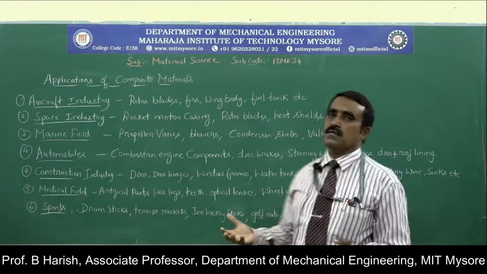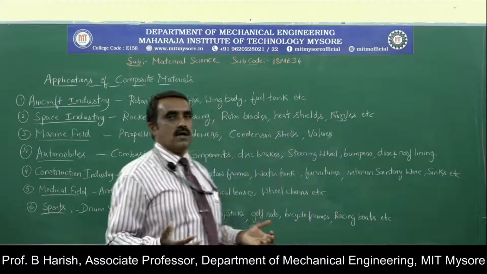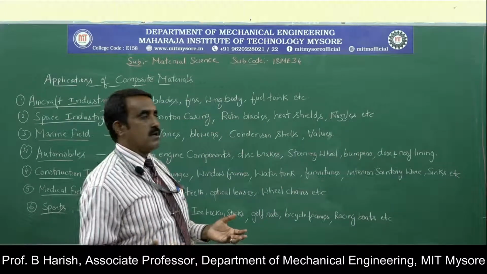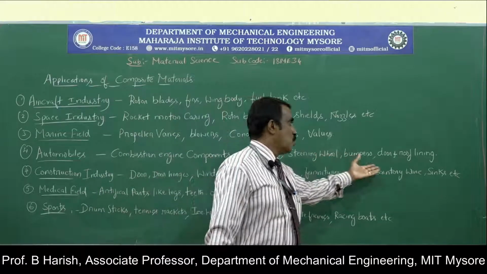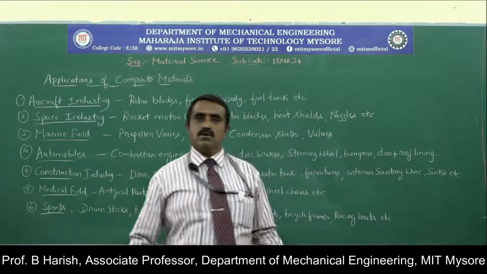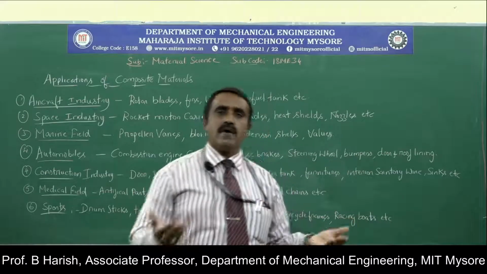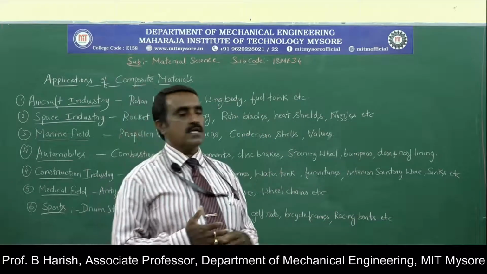Then steering wheels, another common component, bumpers, door lining. Like this, the majority of parts are made of composite material.